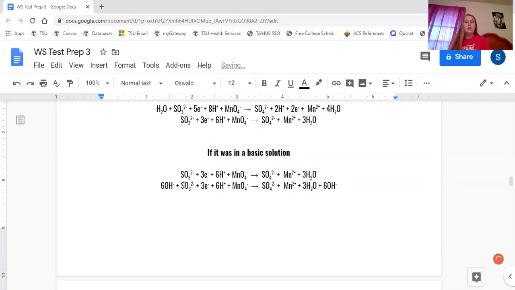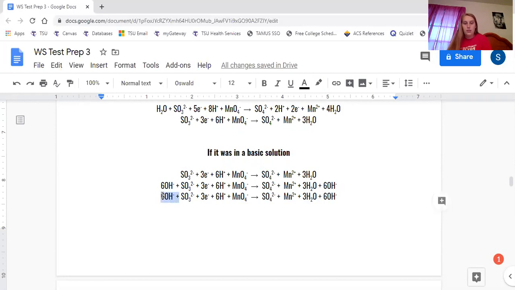Whenever we do that, this OH minus is going to react with this 6 H plus, and it's going to form 6 waters.